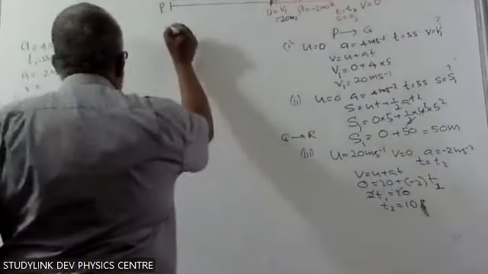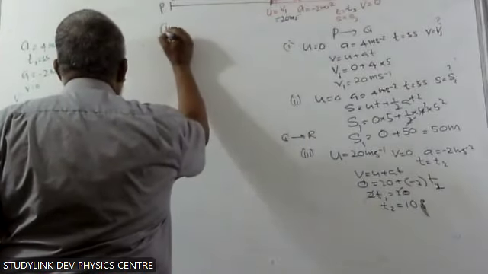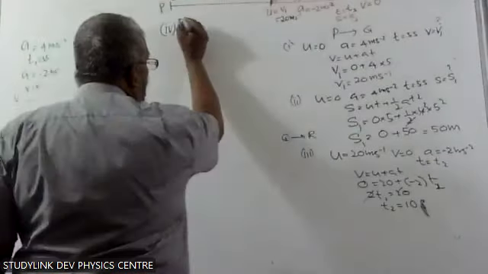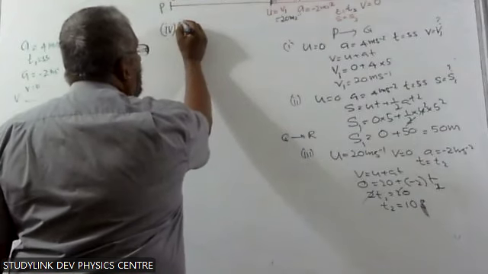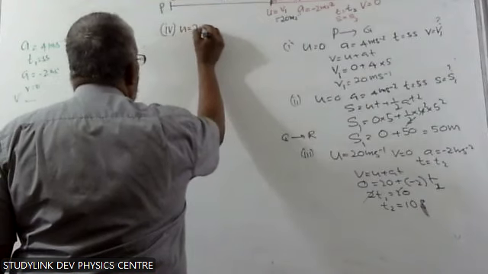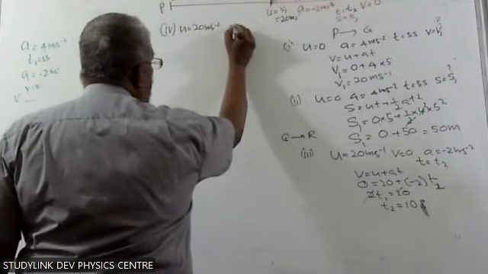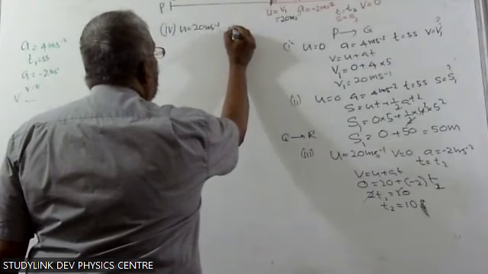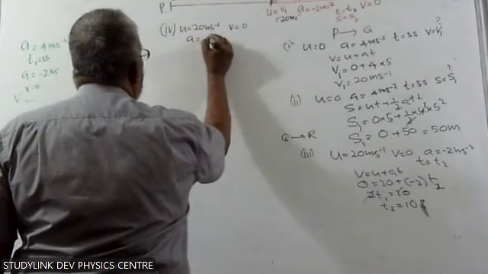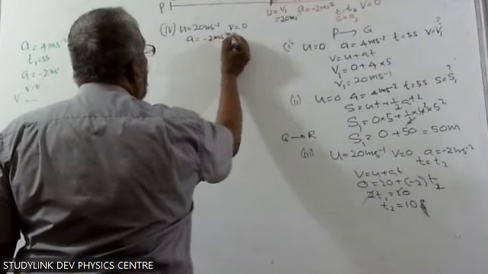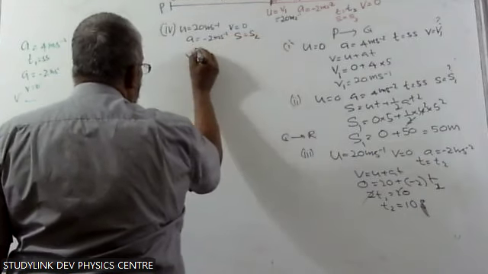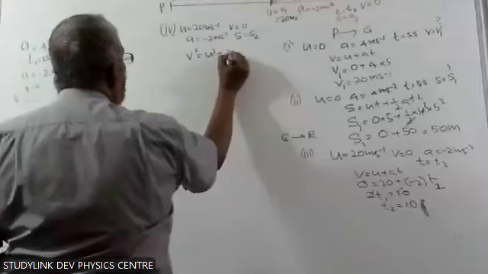Now, fourth one. What is the distance for the second journey from Q to R? Distance S2. U is equal to 20 ms⁻¹. Then V is equal to 0. A is equal to minus 2 ms⁻². And here S is equal to S2.